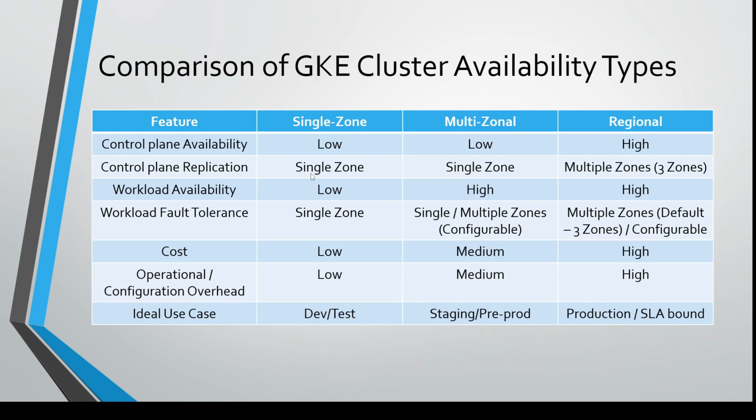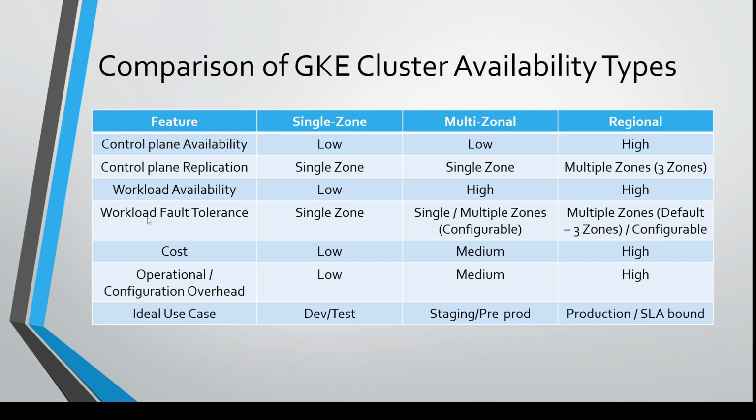As I mentioned, for a single zone cluster the control plane replica is only available in one availability zone, and a multi-zonal cluster also has the control plane replica available only in one availability zone. And a regional cluster has multiple replicas available in multiple zones, by default three zones. That's what GKE maintains.